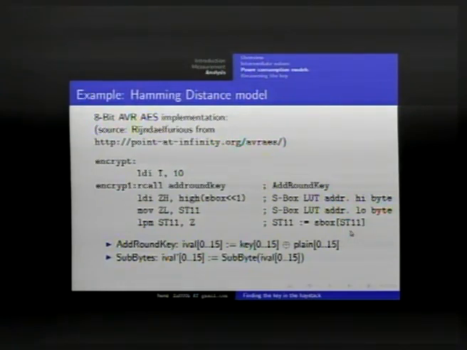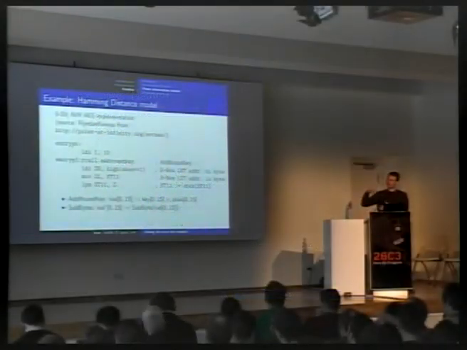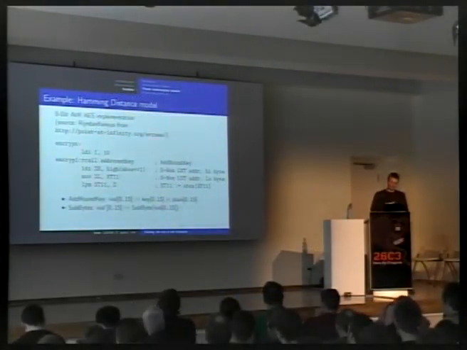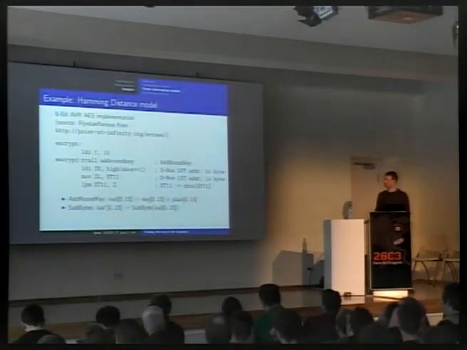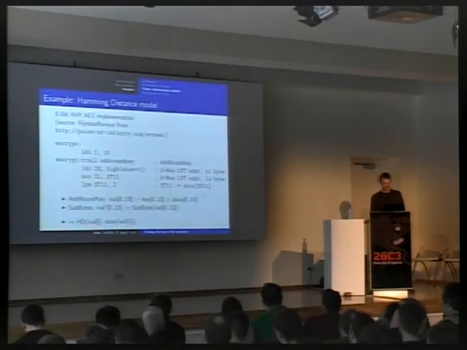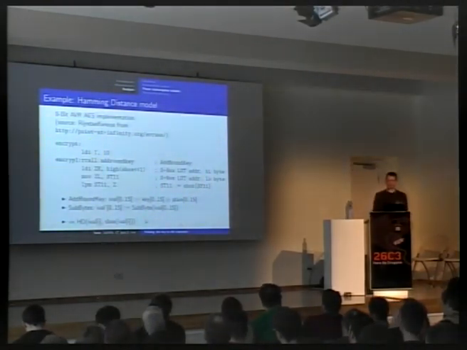So we know the value from before the S-box, and we write the value from the S-box access over the value from before the S-box access. And this is perfect for our Hamming distance model. We can model this way, and we know both values, so we can apply the Hamming distance model here and get the current consumption approximation.